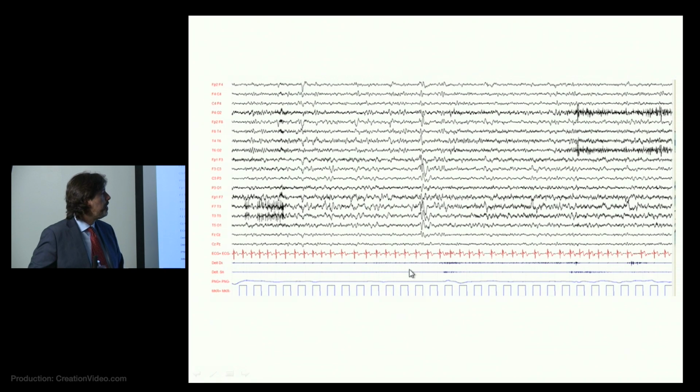So this is the interictal EEG, and it shows clear-cut abnormalities over the left temporal lobe.